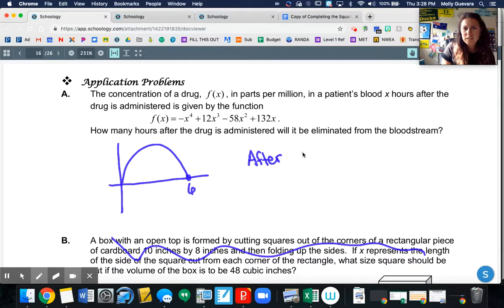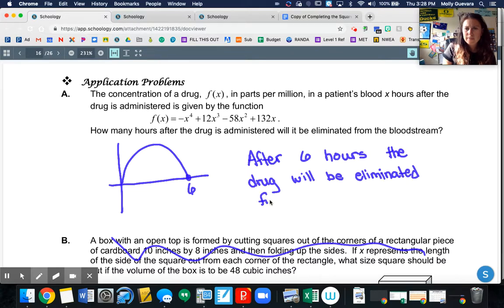After 6 hours, the drug will be eliminated from the bloodstream.